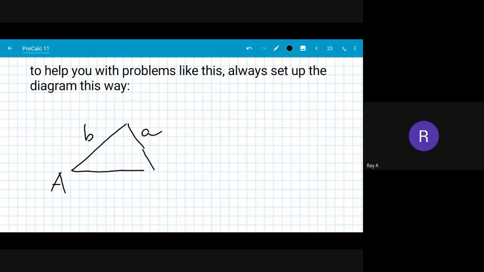So I'm just saying that we have an angle A, and then we have two other given sides, and one given side is opposite the given angle, while the other given side is one of the arms of the angle that's given.